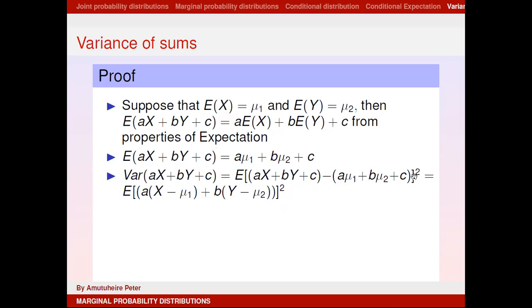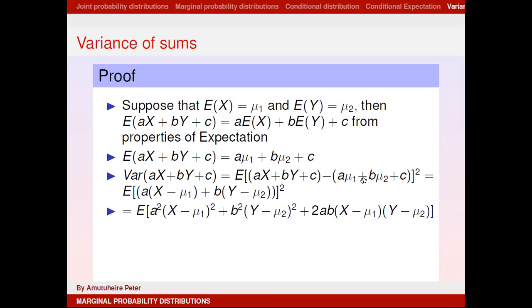So we can now put like terms together. We get a times (x minus mu1) plus b times (y minus mu2), then we square. When we square inside, we get a squared times (x minus mu1) squared, plus b squared times (y minus mu2) squared, plus 2ab from the identity for expansion of (a plus b) squared, so 2ab times this and that.